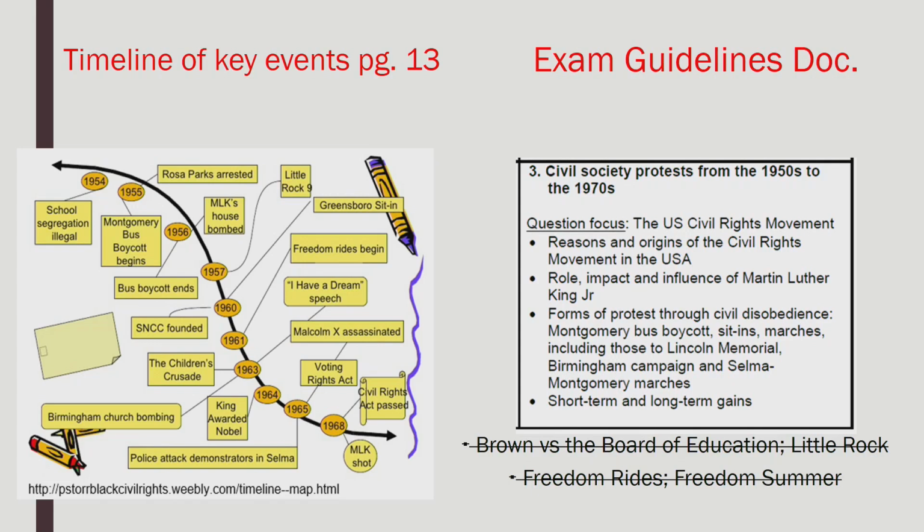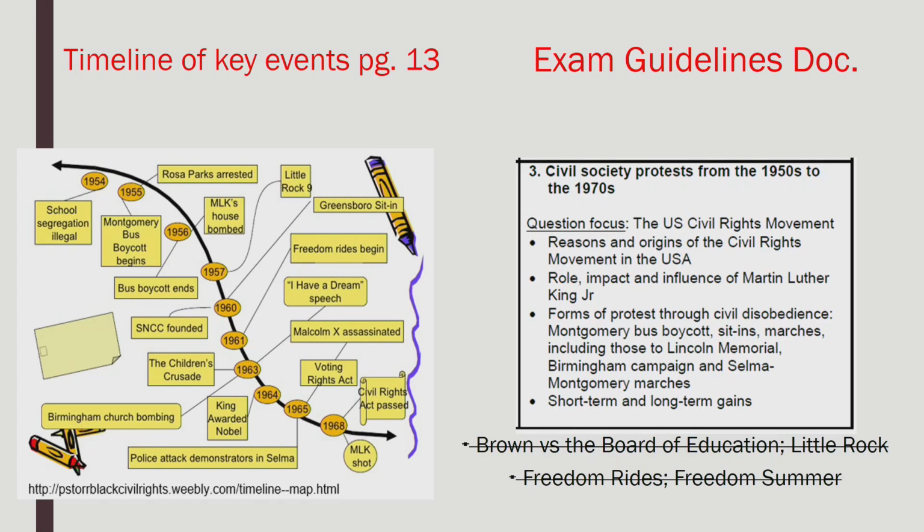It tells us that the focus question for the essay on this area is going to relate to the Civil Rights Movement. It says that when we include content in our essay, the content must focus on reasons and origins of the Civil Rights Movement in the USA. What they are basically encouraging us to do over there is to include enough background information.